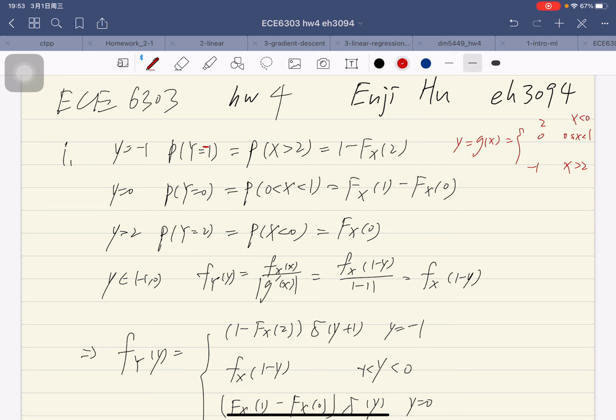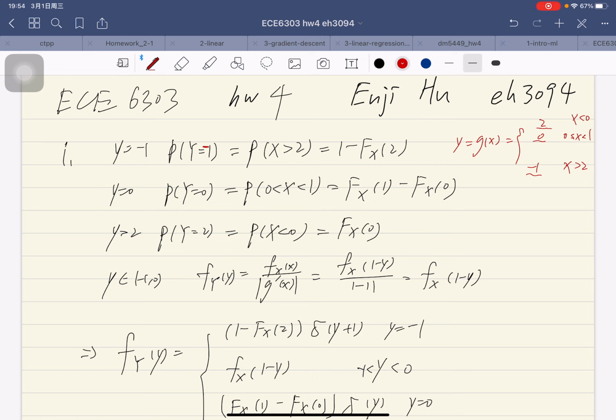So we know that y has a probability of being equal to these three values, rather than a probability density.